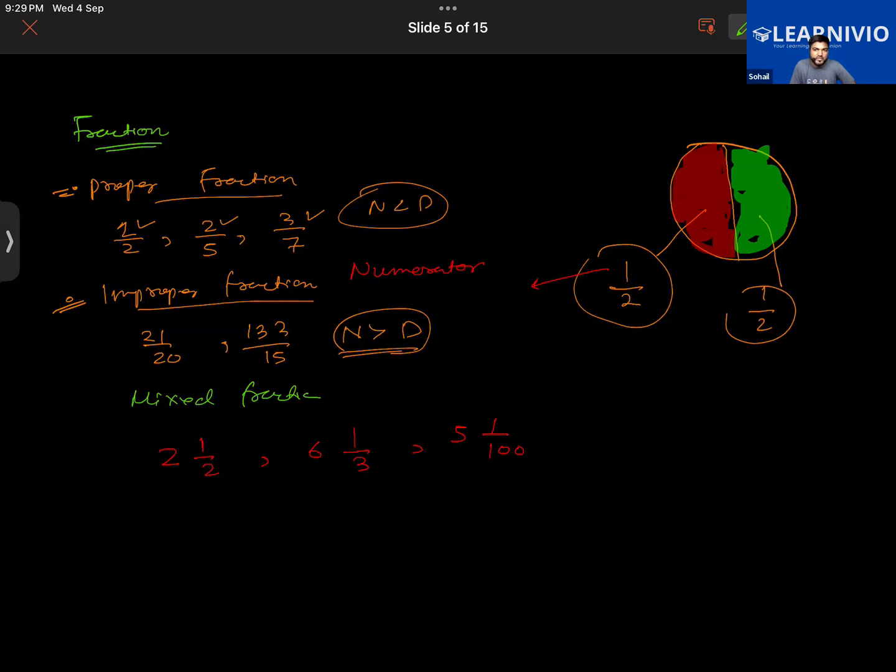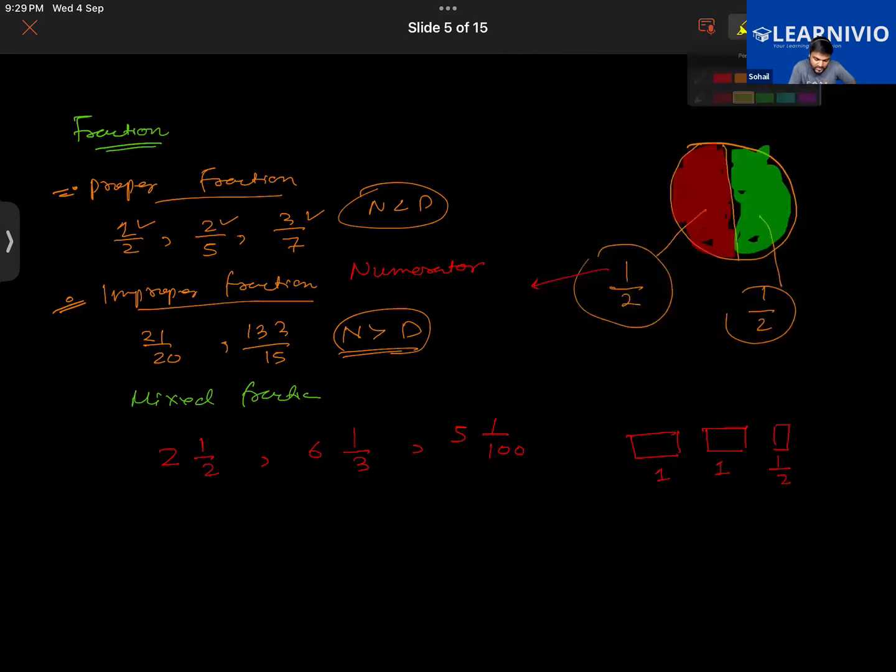In the case of a mixed fraction, what we have learned is that when you have a whole number and a fraction, that makes up a mixed number. Let us say there are 3 sheets of paper. You can notice the difference in them. 2 of them are complete, but this one is half the size.